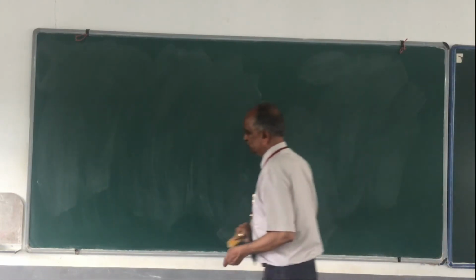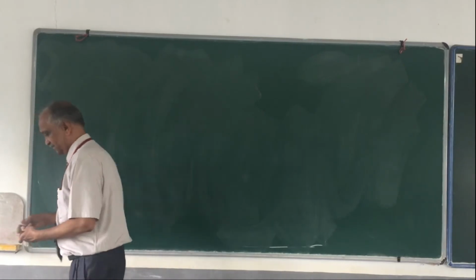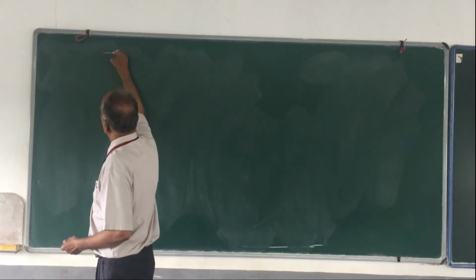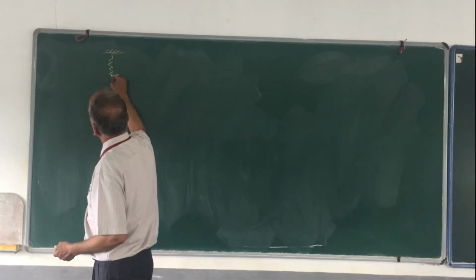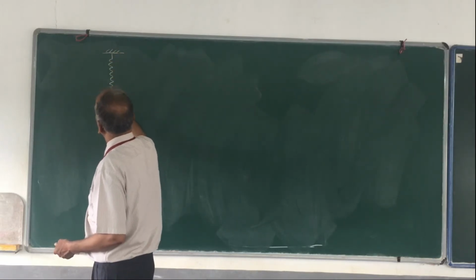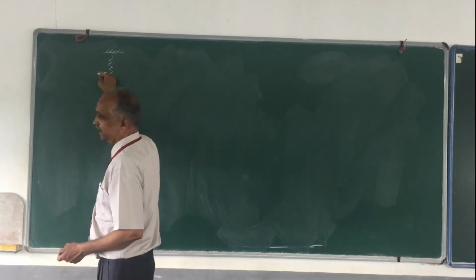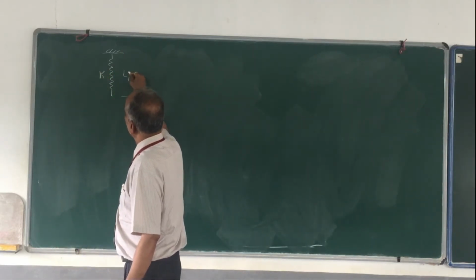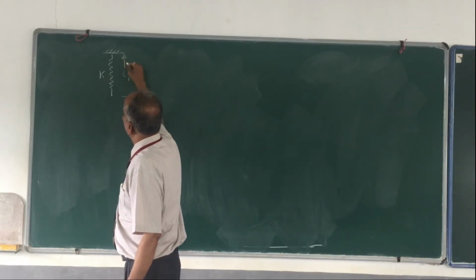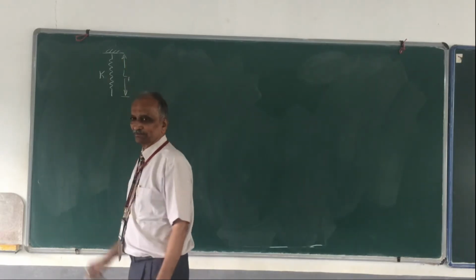Okay, another problem looks like this. It is a system. I have a spring whose thickness is 8. And this length is what is called the free length, because there is no load acting on it.